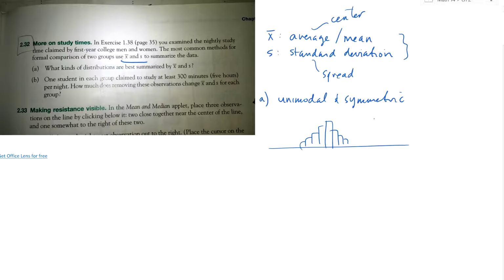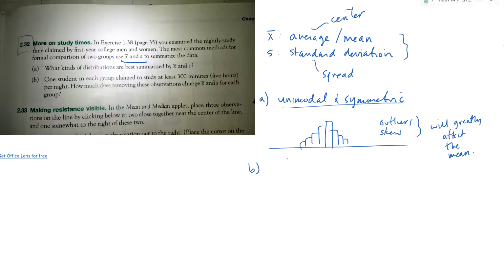And those are ones without outliers, because when you have outliers or skew, these two things will greatly affect, as we talked about in class, the mean. So we don't want to have anything that has outliers or skew. And those are the unimodal or symmetric distributions for A.